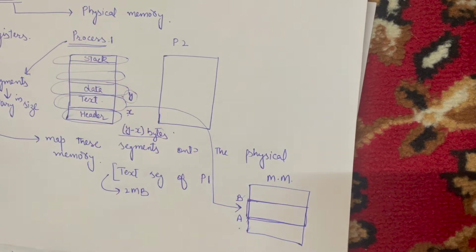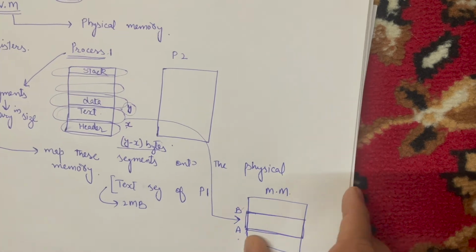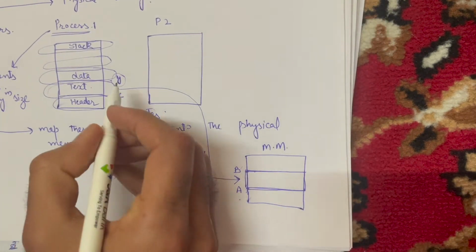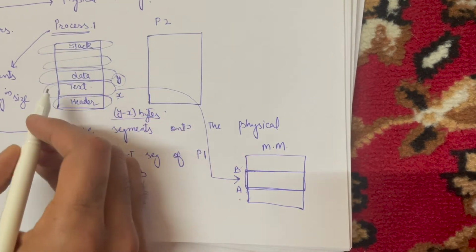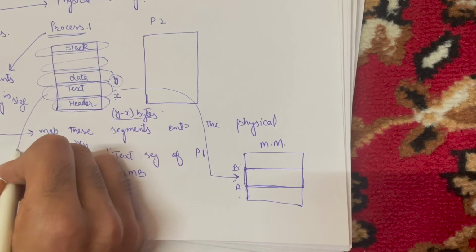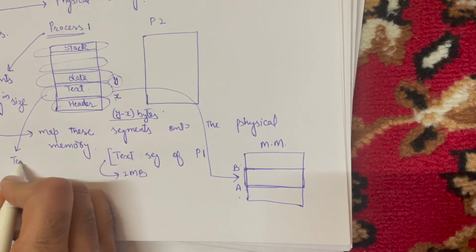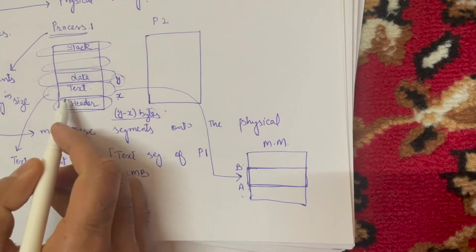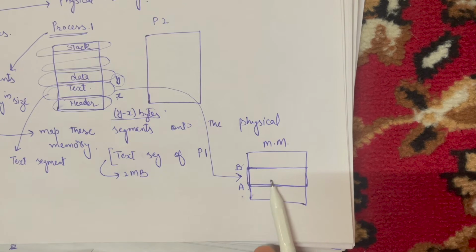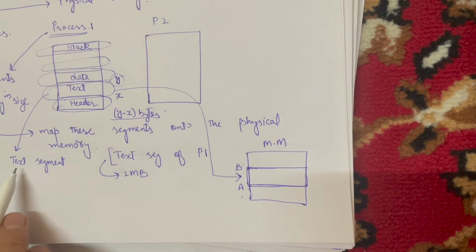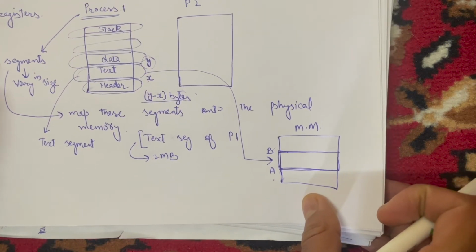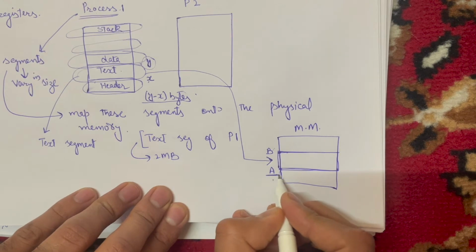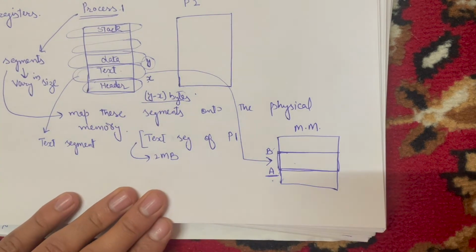Likewise we do for other segments, but we have to store this information. For this text segment, we have to keep in mind where we have placed it in main memory, or we should know the starting address of this segment in main memory.